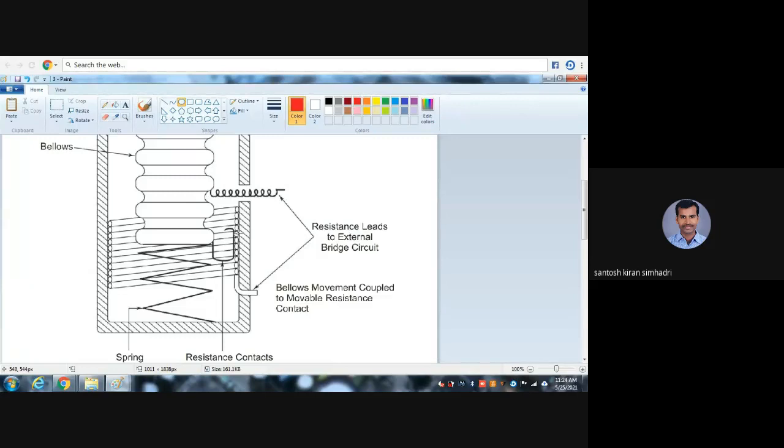If you apply the pressure at the upper side, there is a change in the bellows. Once there is a change in the bellows, automatically there is movement coupled to the respective resistances. That is the beauty. These are all called the resistance contacts.